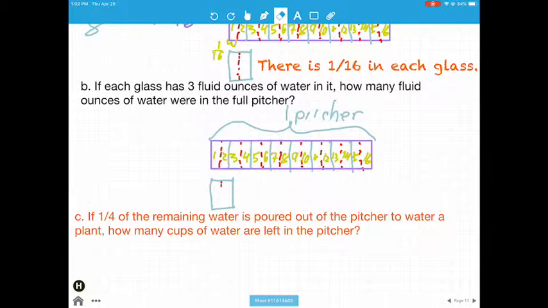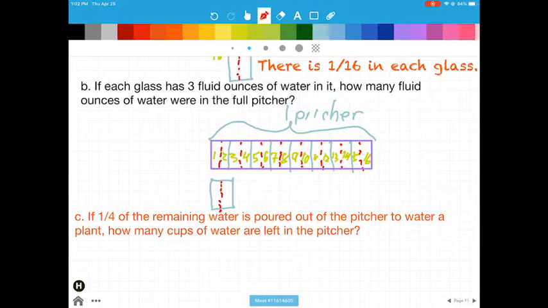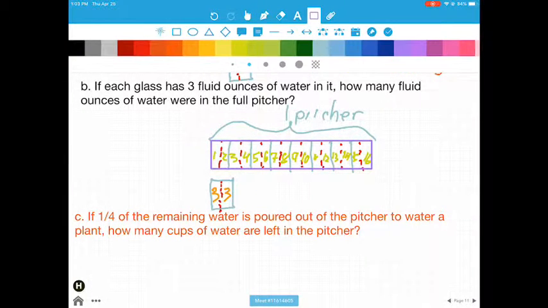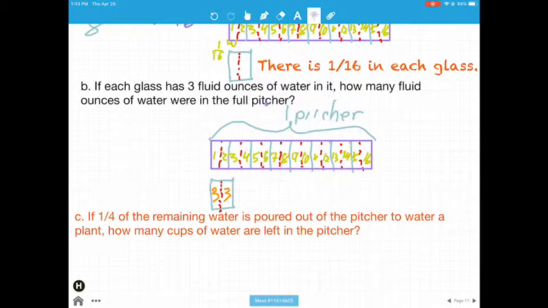But I want you to see that in this little model next to it, it says that there are 3 fluid ounces in each cup. So there are 3 ounces here and 3 ounces here. It's asking how many ounces are in the whole pitcher.